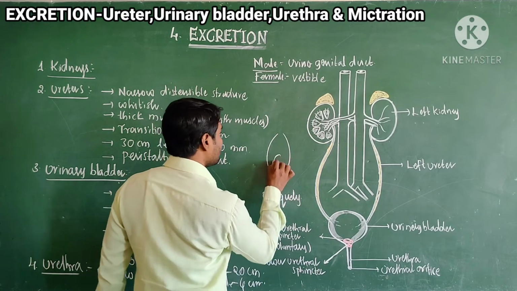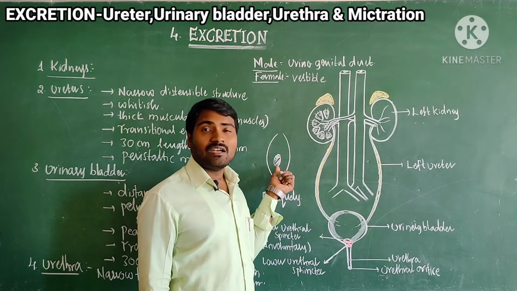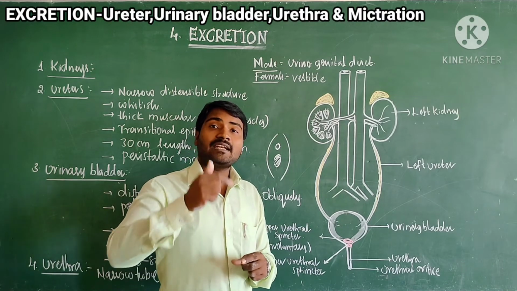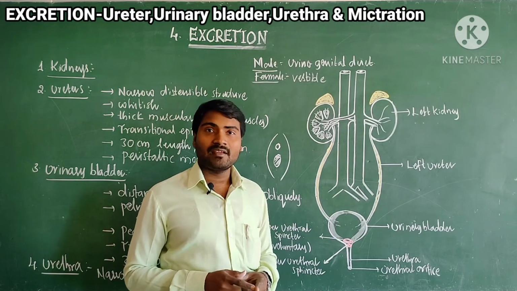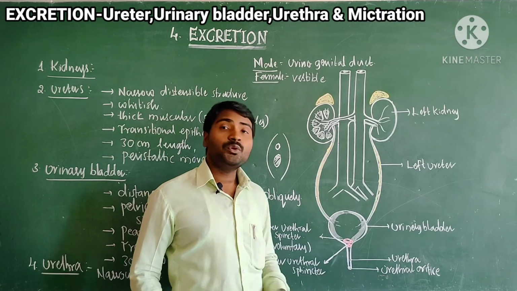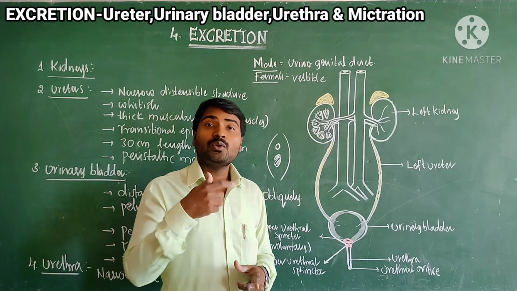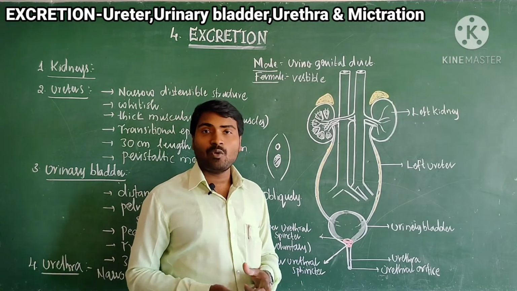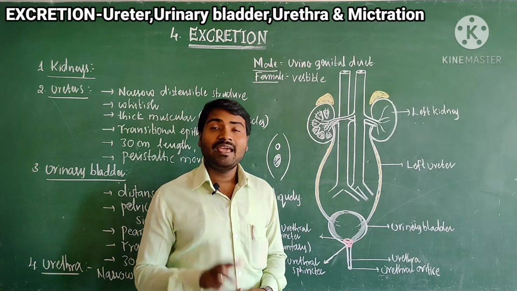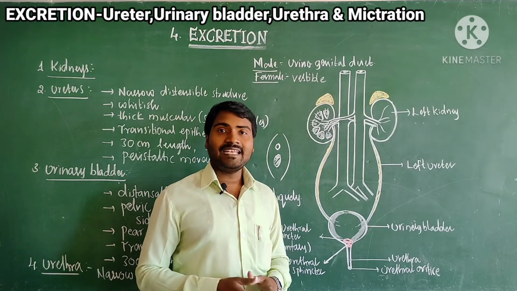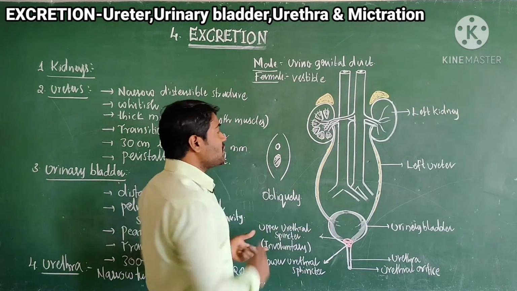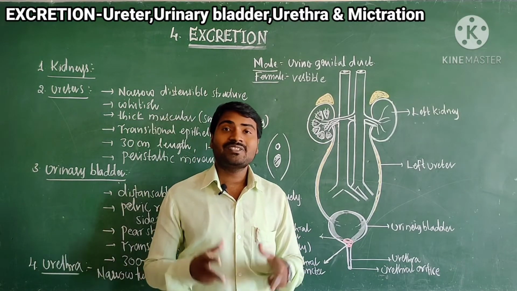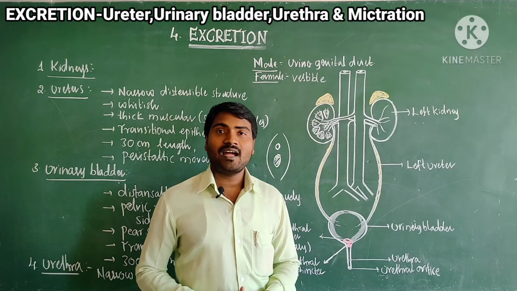Here is the opening of the vagina, called the vaginal orifice, whereas the urethra is present above the vaginal opening. This opening is known as the urethral orifice. So the urethral opening is different and the vaginal opening is different in female. Hence it is not a urinogenital duct. And it is very short, just nearly 4 centimeters in length. So this is the structure of the urethra.